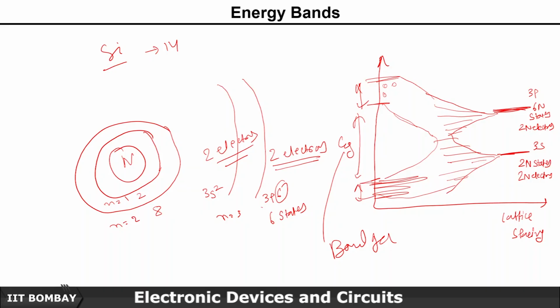So this energy is required for moving from the valence band to the conduction band. This splitting is a result of the Pauli exclusion principle. In order to obey it, the 2n degenerate states must spread out in energy. This is the formation of these energy bands, and it is very important to understand.